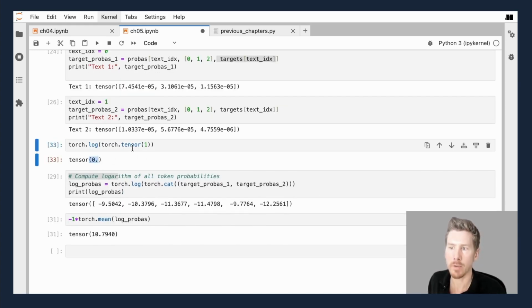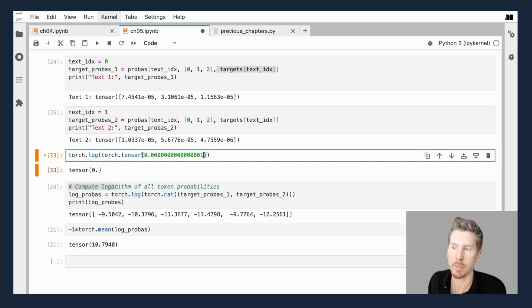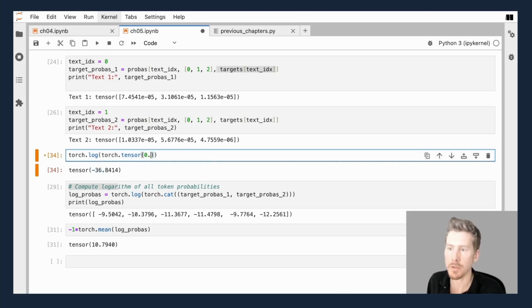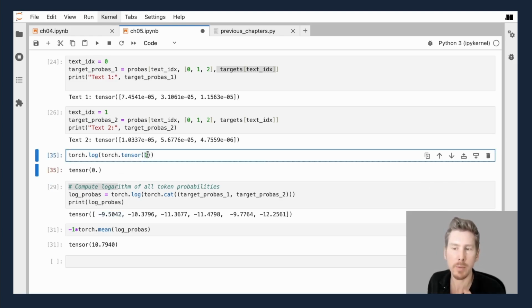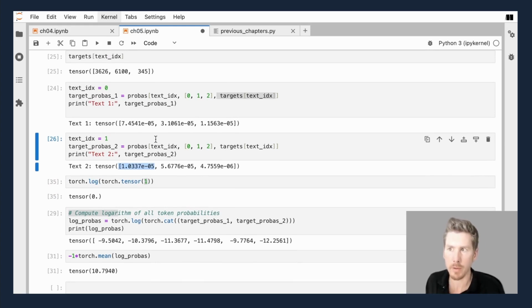So our goal is essentially to make the probabilities very large, ideally 1, which will make those close to 0. And if we have a very small probability, this will be a very negative number, like minus 36, for example. So our goal is to get those close to 0, which means the probability will be close to 1, because this corresponds to the correct target ID.